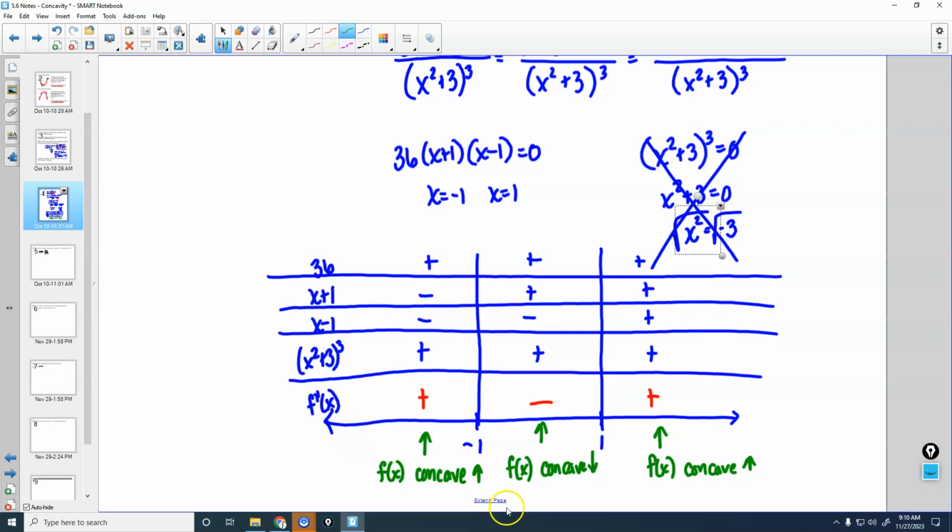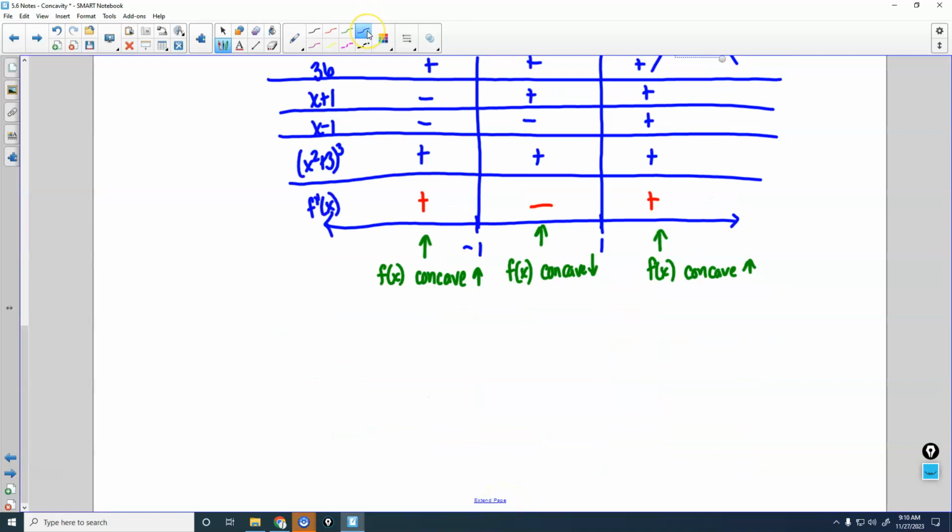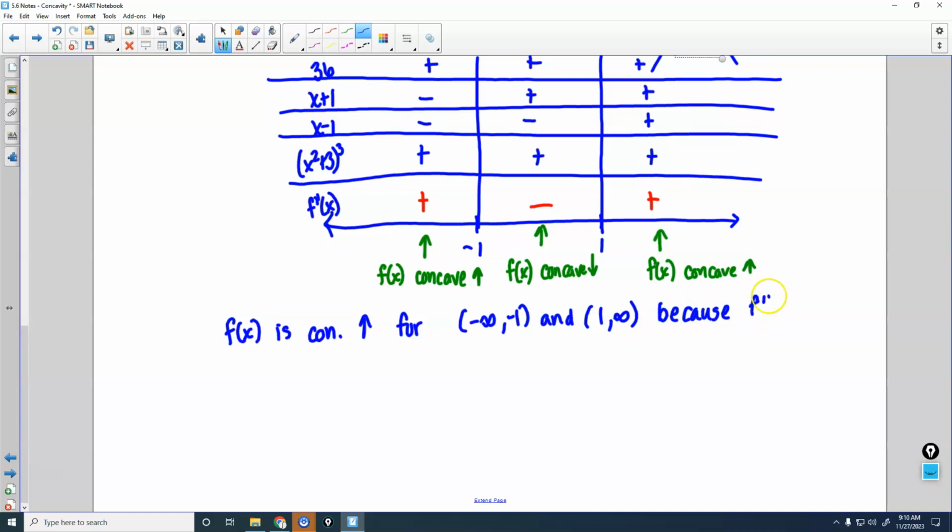For these, you should never have to write more than 2 conclusions. You would just say, f of x is concave up for negative infinity to negative 1 and 1 to infinity, because f double prime of x is greater than 0 for these intervals.